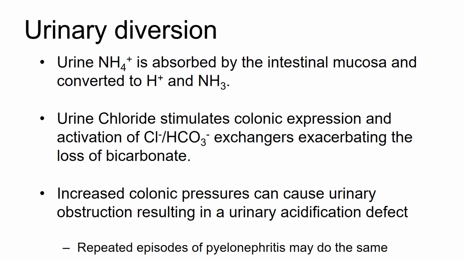Urinary diversions are also very commonly associated with non-anion gap metabolic acidosis. The big problem here is that all the hydrogen ion that your kidney was working hard at getting rid of is going to get reabsorbed by the intestinal mucosa once the urine flows back from the ureter into that sigmoid pouch or the ileal pouch.